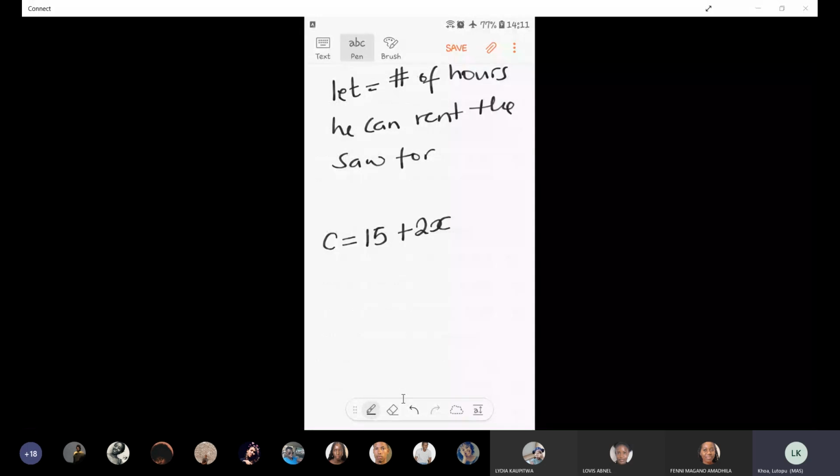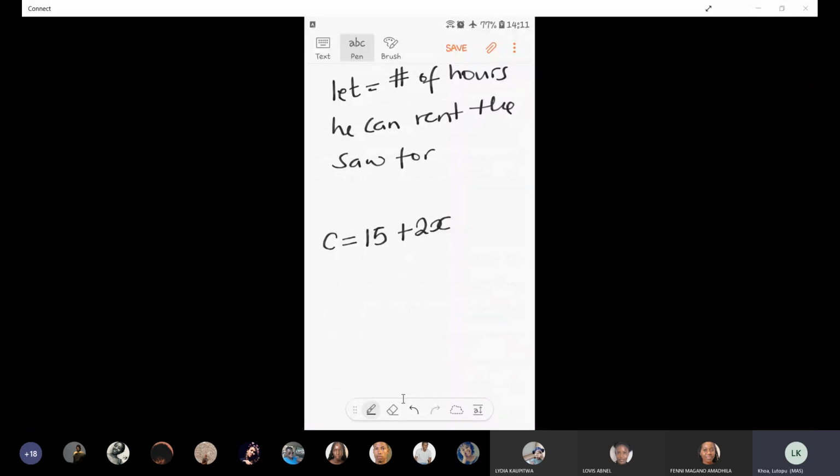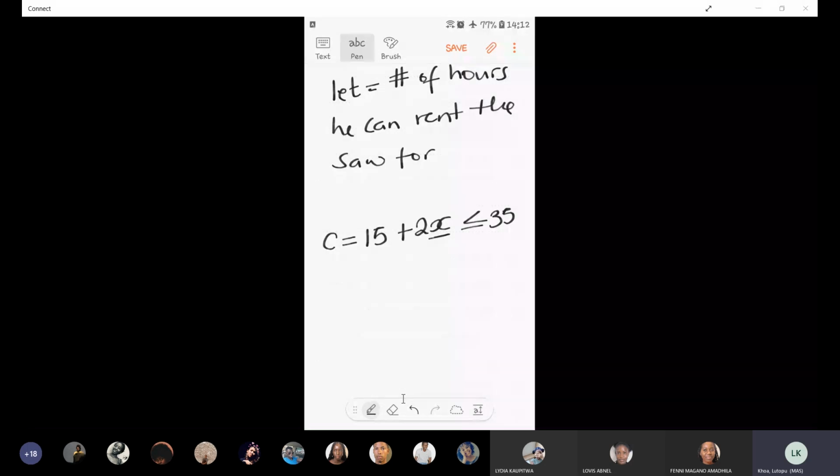So this is how we will calculate his total cost. We say $15 upfront and then $2 for every hour. And how many hours do we have? This is x. Now we say that he can pay no more than $35. So this total cost should be less than or equal to 35. He has $35, so it can be equal to $35, but it cannot exceed $35.